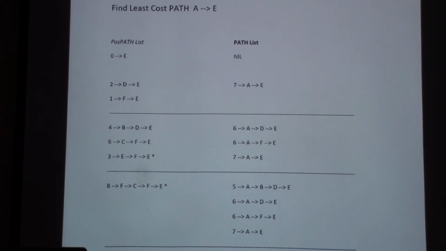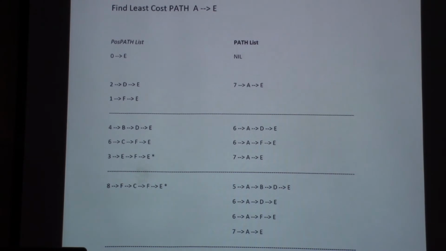But think about it. If A to E was only a cost of, for example, 4, that would have gone right in here, and it would always stay at the top. It still would have been the best path. At that time, this whole algorithm works. Yes, the algorithm cannot stop until it exhausts all the possible paths.